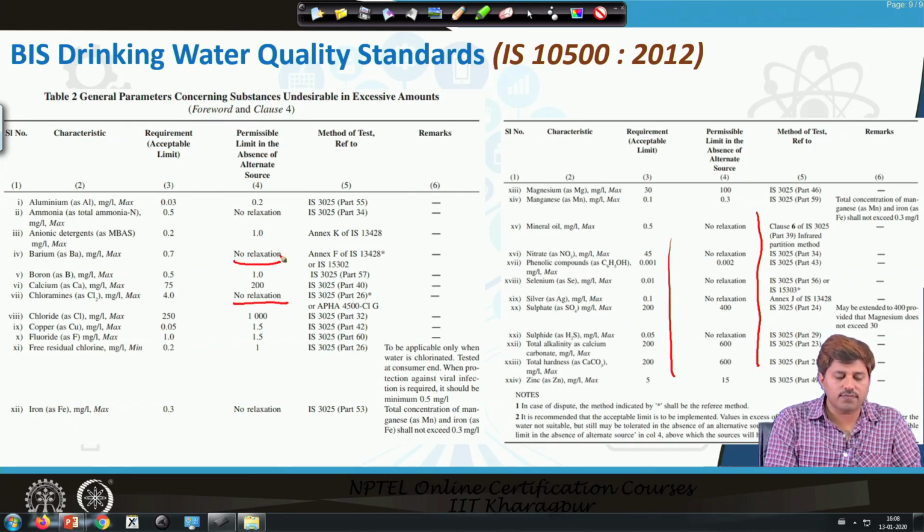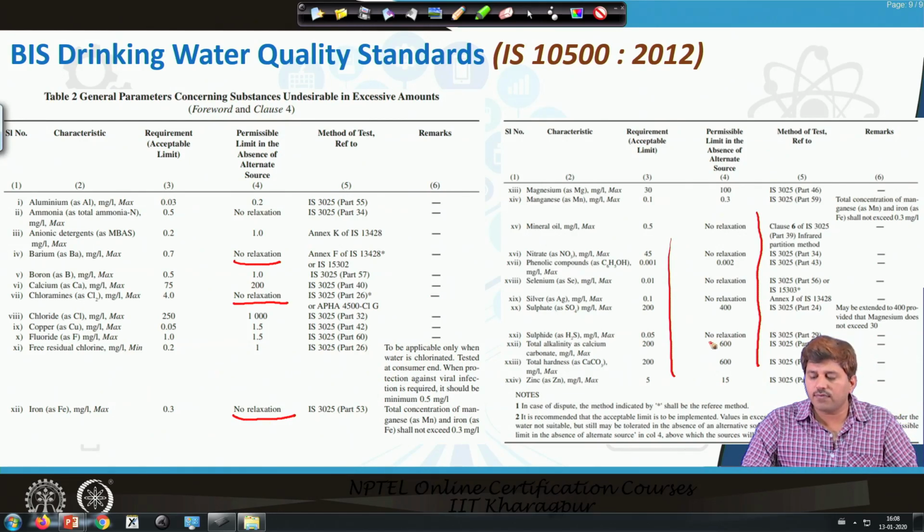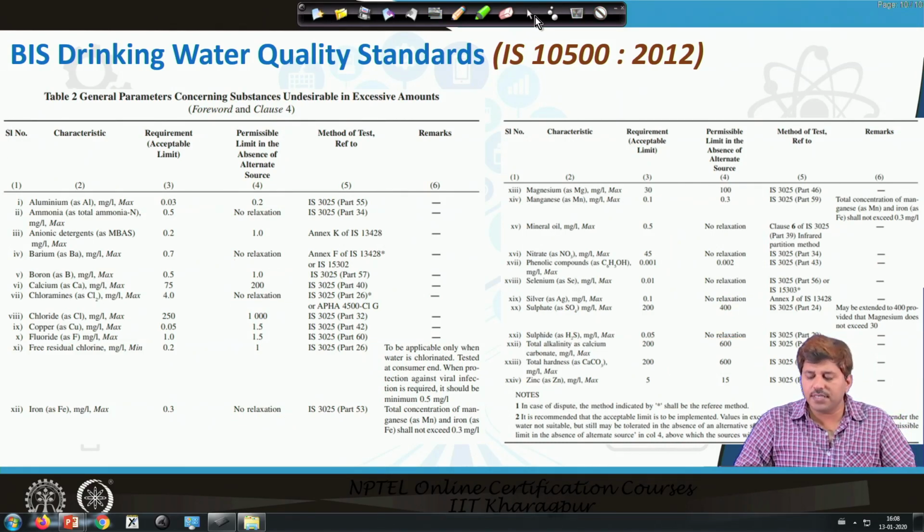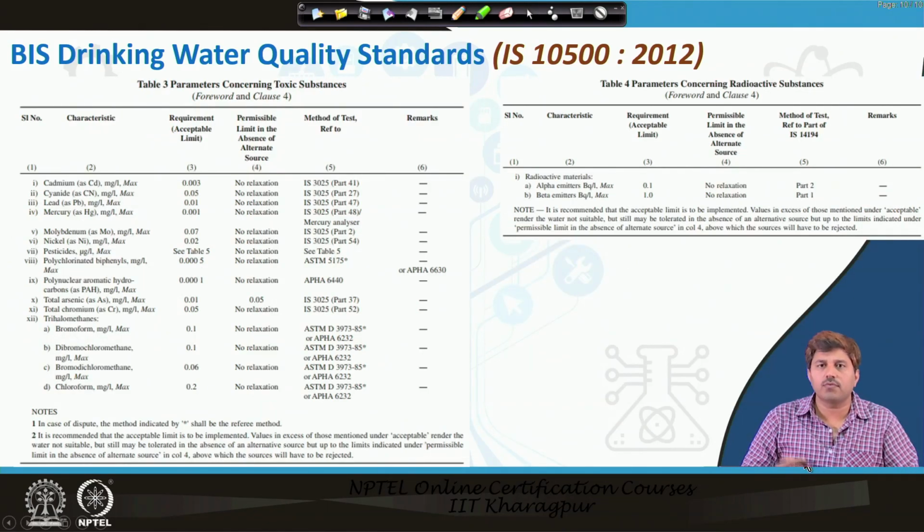There is no relaxation for barium, there is no relaxation for iron, okay, no relaxation for sulphide, up to 0.05 milligram per liter is the maximum limit. Selenium, no relaxation. Okay. So, that way for some we can relax limits, and for some it is basically fixed, and BIS does not allow the municipalities to go for any higher level.